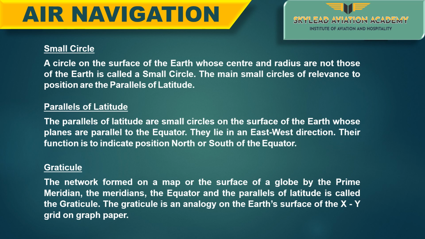Graticule: the network formed on a map or the surface of a globe by the prime meridian, the meridians, the equator, and the parallels of latitude is called the graticule. The graticule is an analog on the Earth's surface of the XY grid on grid paper or graph paper.